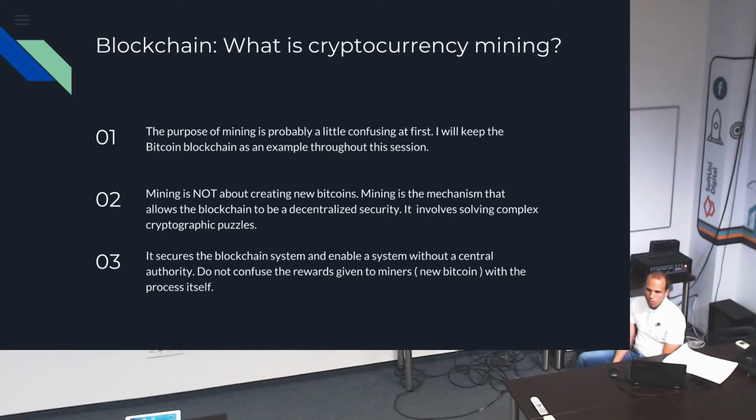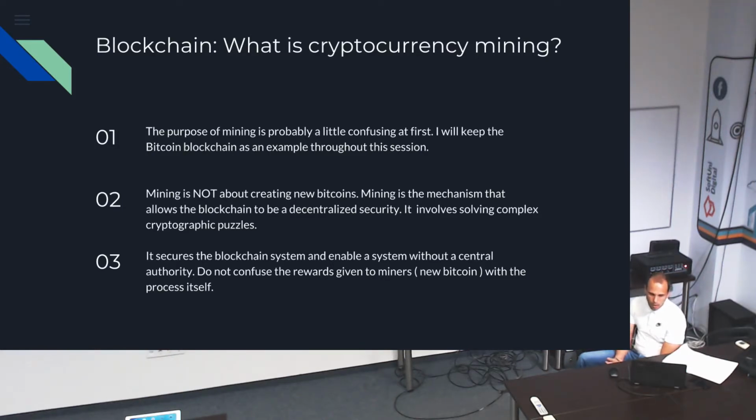Every miner or computing hardware computer is a miner actually, and validates all the transactions and keeps the blockchain up to date. It keeps it secure. In this matter, it's just a system without a central authority, as I said.